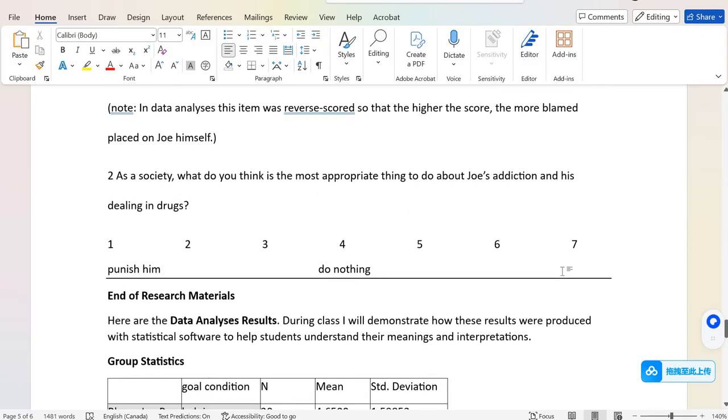Wow, I'm kind of missing a word here. So here, 7 is help him. 1 is punish him. The higher the number, the more willingness to help.